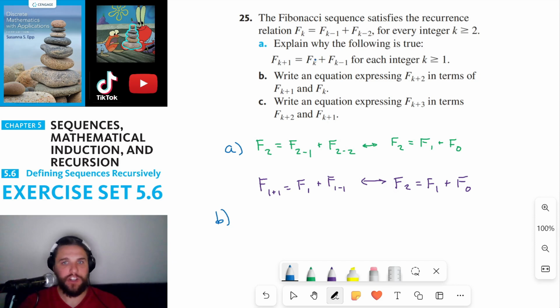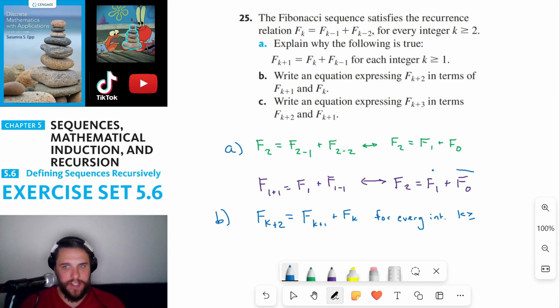Well, we can apply essentially the same trick here. We could say f sub k plus 2 equals f sub k plus 1 plus f sub k. But we have to be careful about the quantifier on k. We want to say this is true for every integer k greater than or equal to a very specific number here.